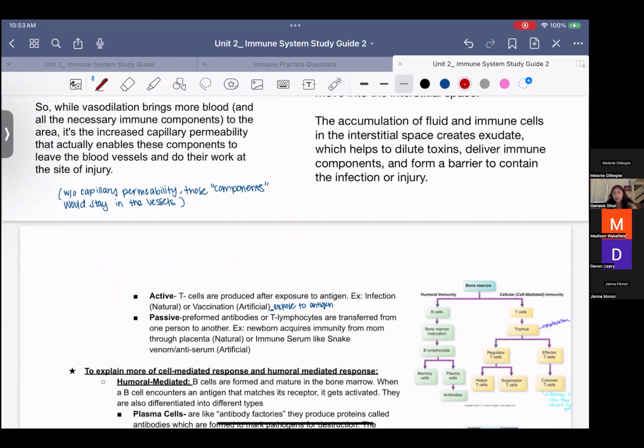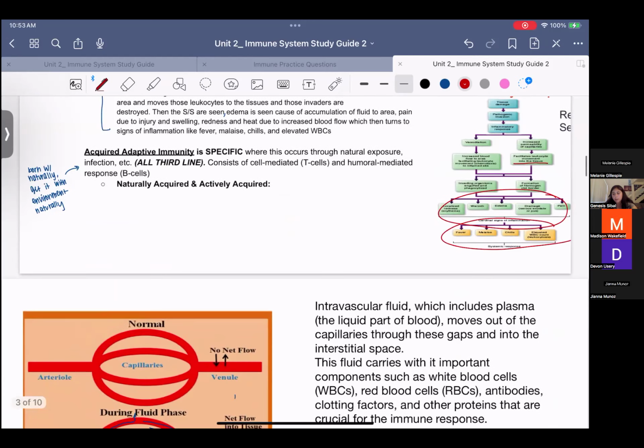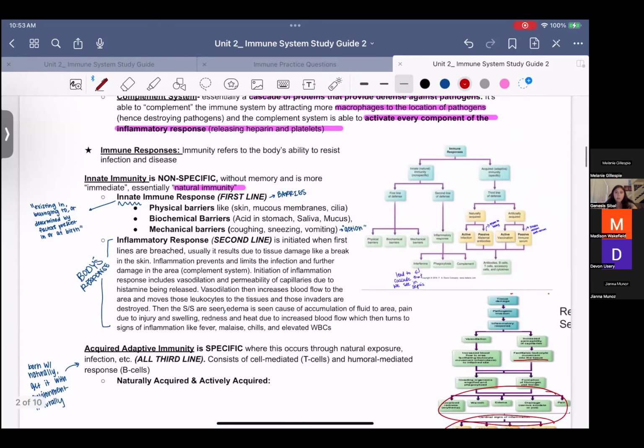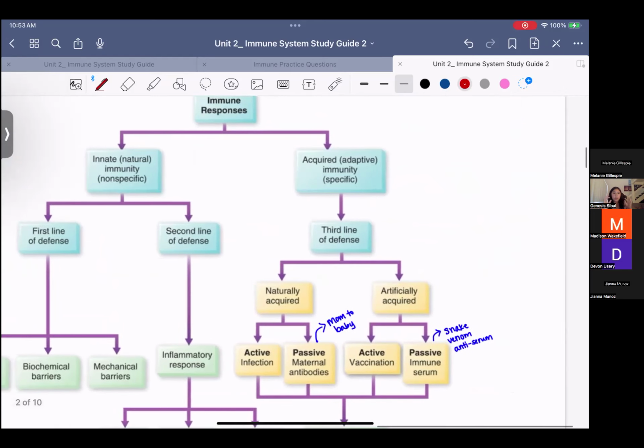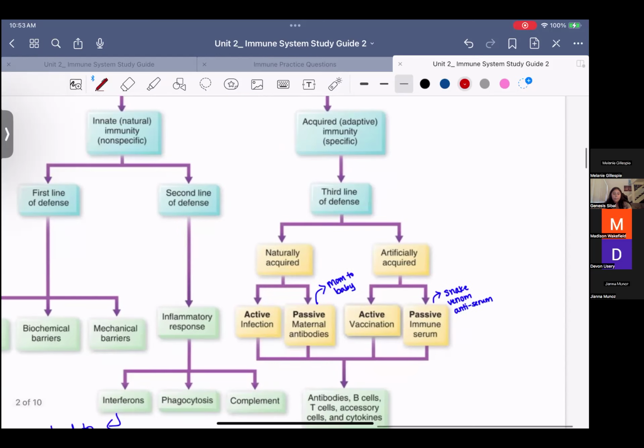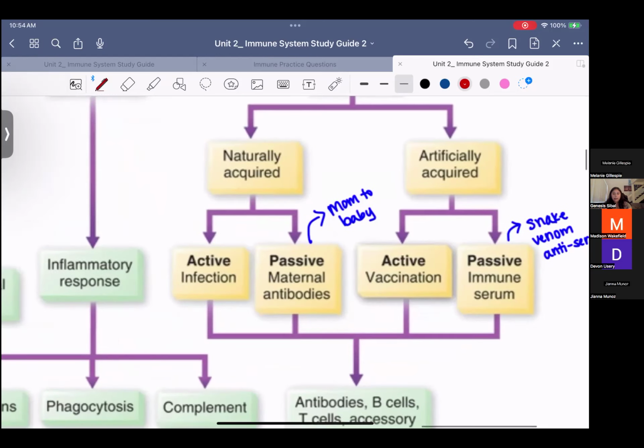If you have to draw it out on a piece of paper really quickly, I definitely would do that. This is what I did. I followed it through here. You have innate immunity, so that first line, which is the barriers, the second line, the inflammatory response, and the acquired, the third line of defense. So what's natural, and what's artificially acquired, and then the active and passive differentiations between each.